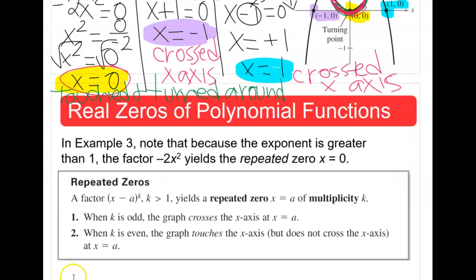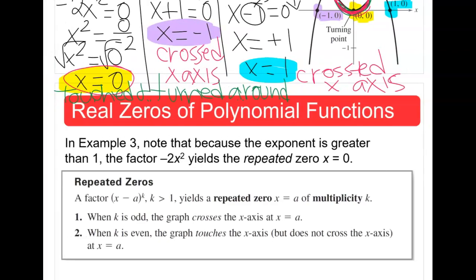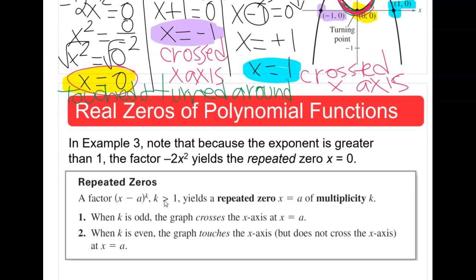Okay, so to summarize what we did in example 3, when we have repeated zeros, and those come from the factors that have a power that is greater than 1, such as the factor that we had that was -2x squared. And so we had the repeated zero of x. How many times? Well, that depends on the exponent here.